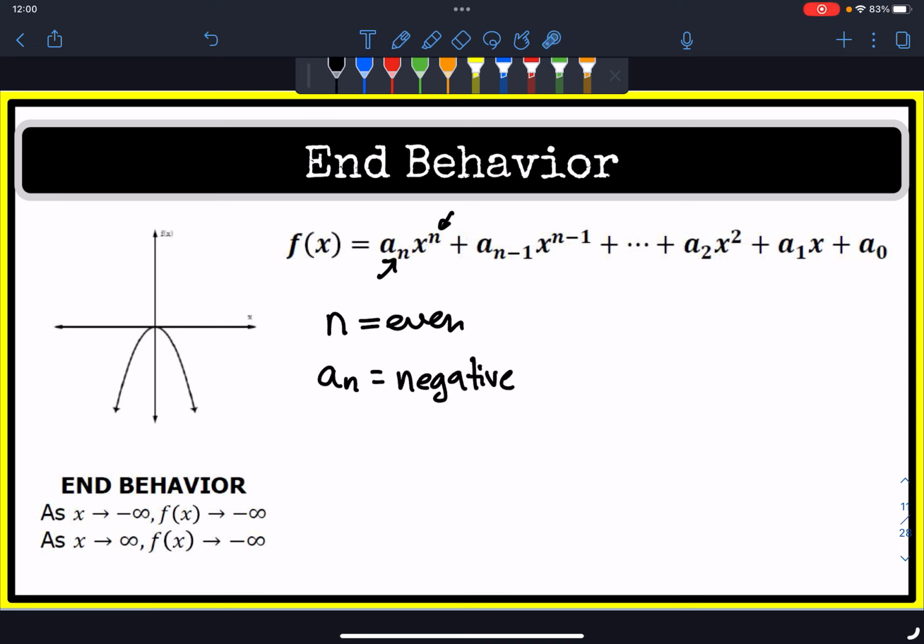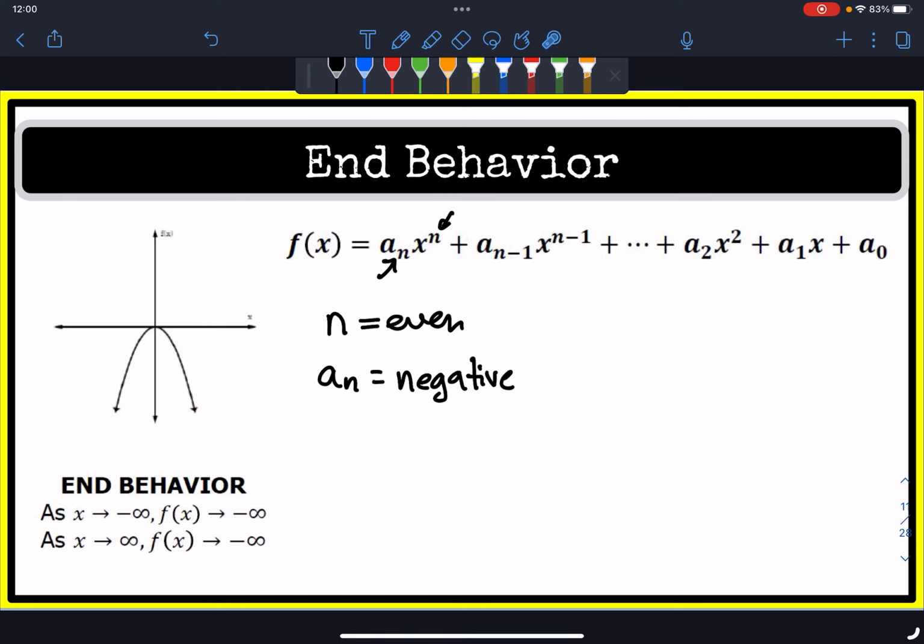Regardless of what all these other terms are, simply looking at the term with the highest exponent, the degree, and the coefficient of that term, we can determine how this polynomial is going to behave by those two values.